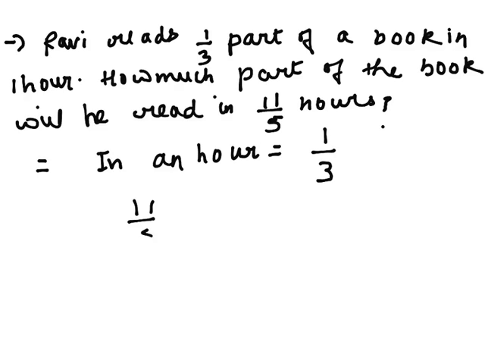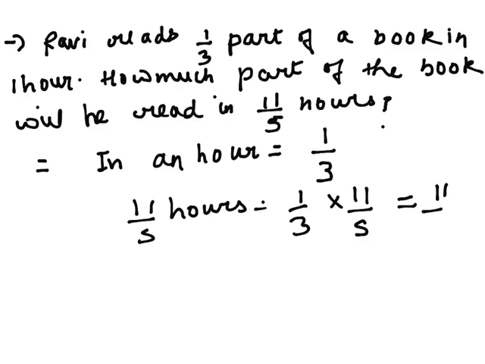So 1/3 times 11/5 gives us 11/15 part of the book he will read in 11/5 hours.